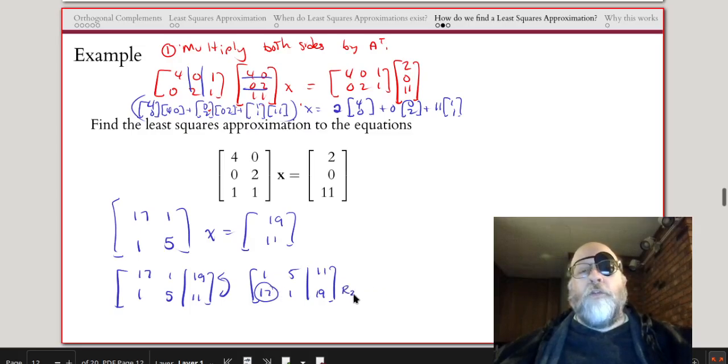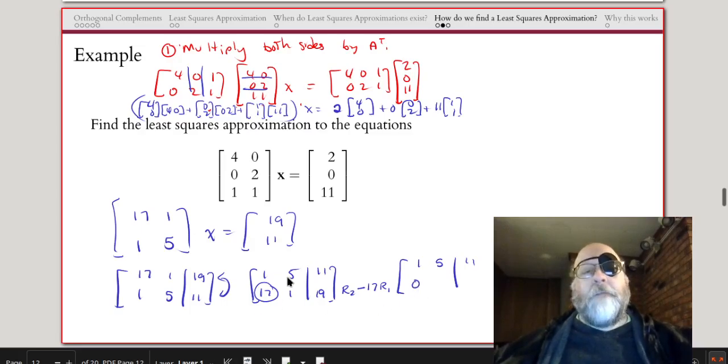So I'm going to take row 2 minus 17 times row 1. So that's 1, 5, 11. 17 minus 17 is 0. 17 times 5 is 85. 1 minus 85 is negative 84. 17 times 11 is 187. 19 minus 187 is negative 168.